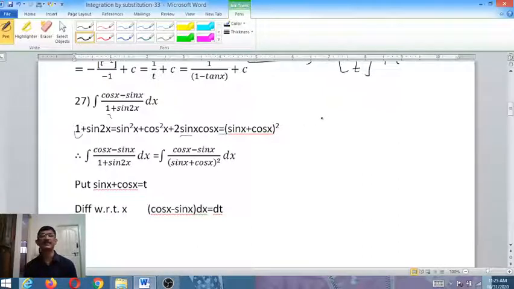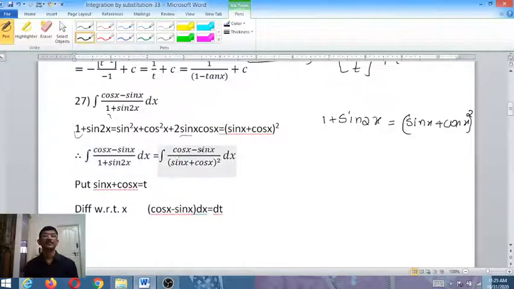So we see that 1 plus sin 2x will be equal to (sin x plus cos x) whole square. Always remember this result.